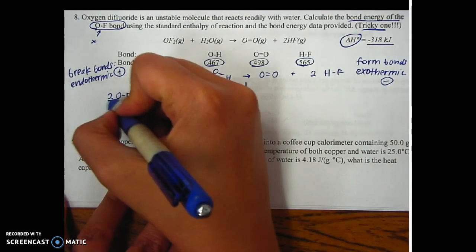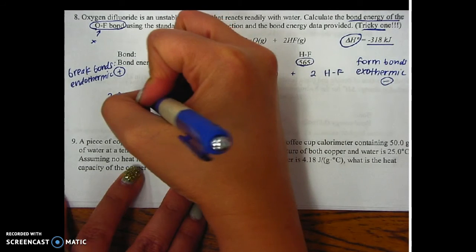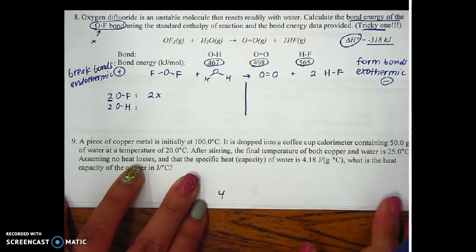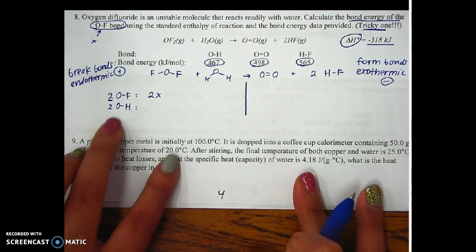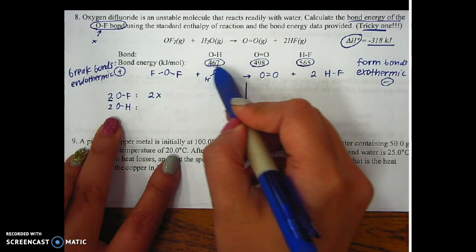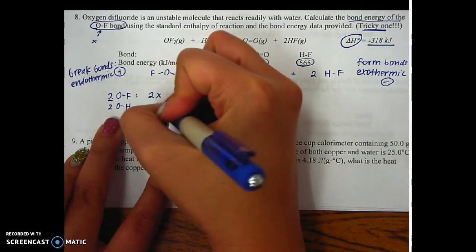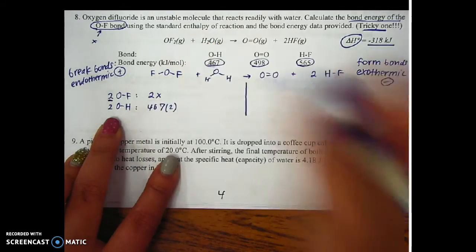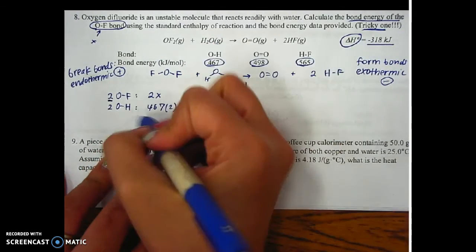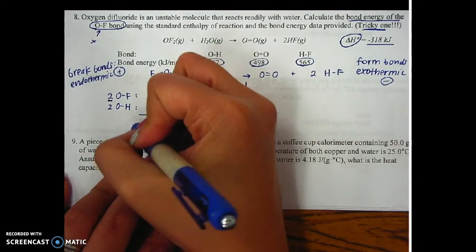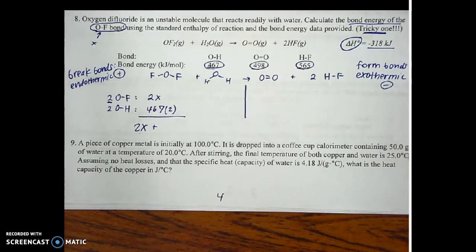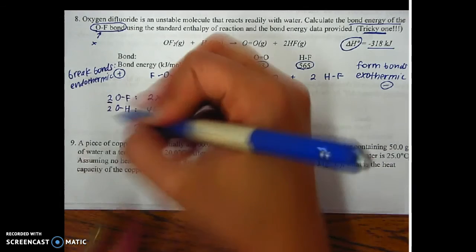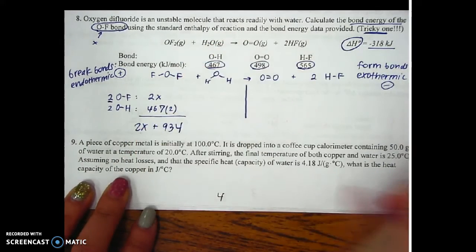And because I have 2 of these OF bonds, this is not just going to be 1x, but it's going to be 2x. And then the 2 oxygen hydrogen bonds, one bond is 467. And we're going to multiply it by 2 since there are 2 of those bonds. And these guys are going to come out to 2x plus 467 times 2. And you would wind up at 934 right here on the left side.